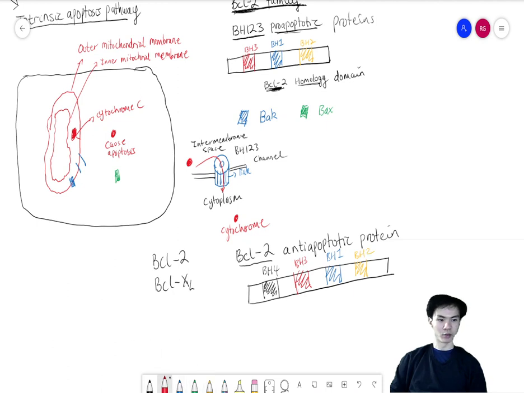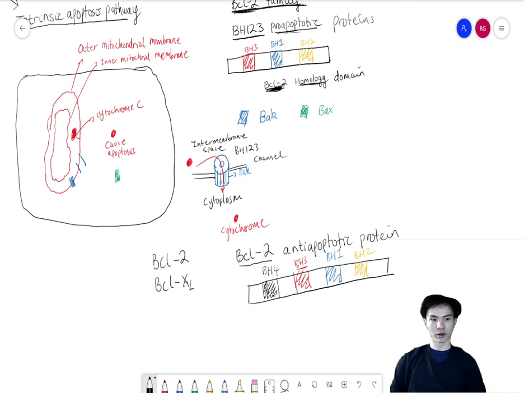Just to emphasize my point, BH3 is found in both, BH1 is found in both, BH2 is found in both, and BH4 is found in both BCL2 and BCLXL. That's why they are homology domains, because they've been found in many proteins, and they're homologous, or similar, or from a common origin to BCL2. So it probably resulted from some sort of gene duplication and then divergence.